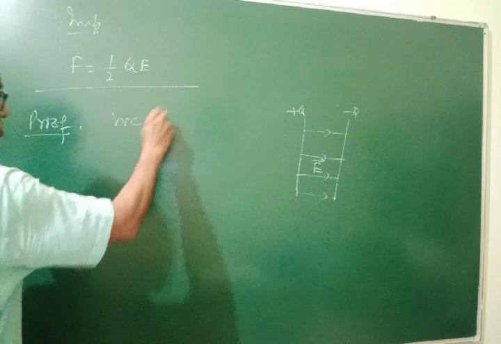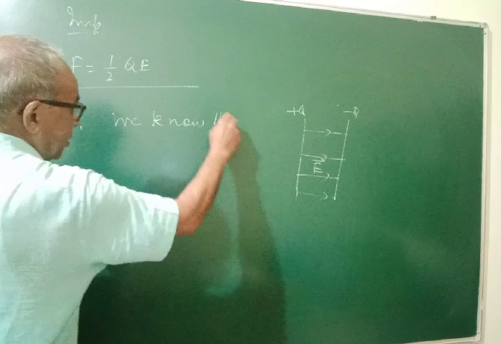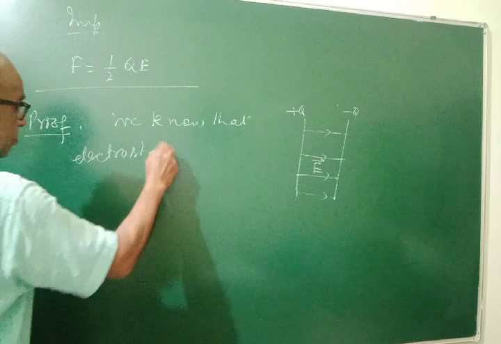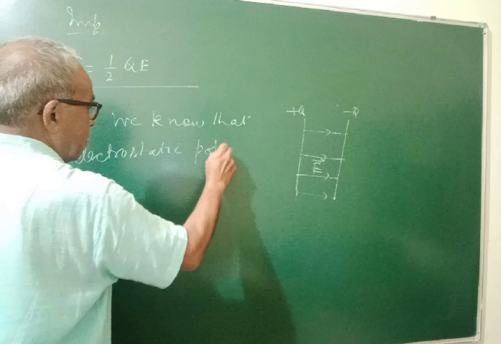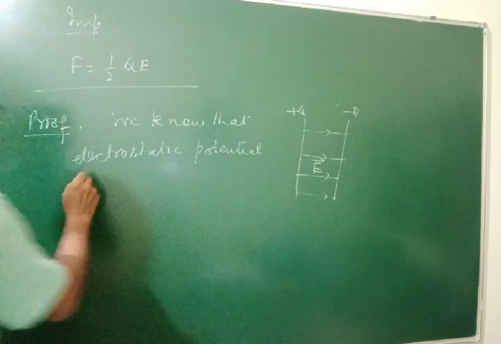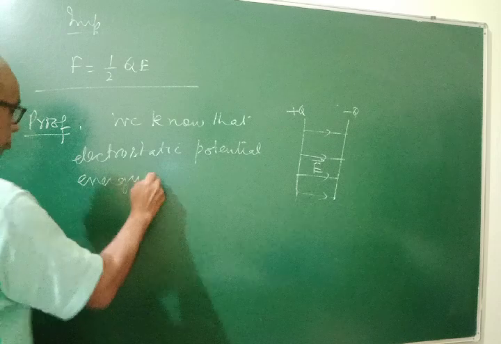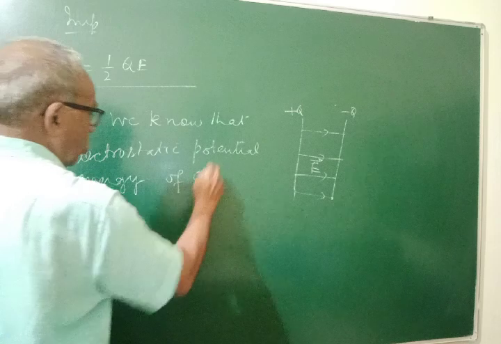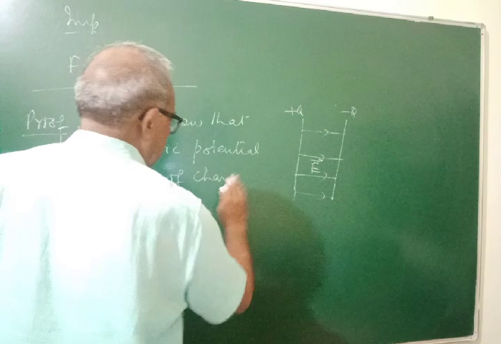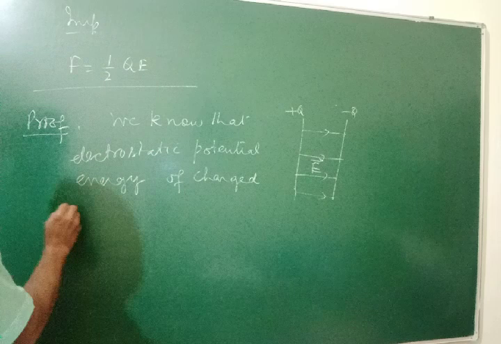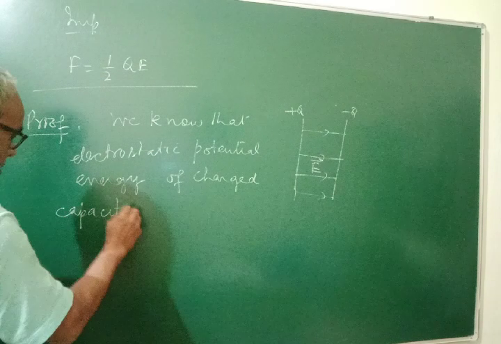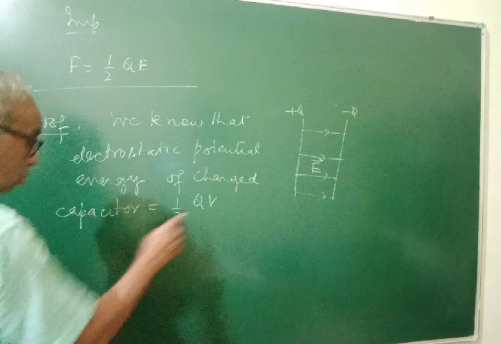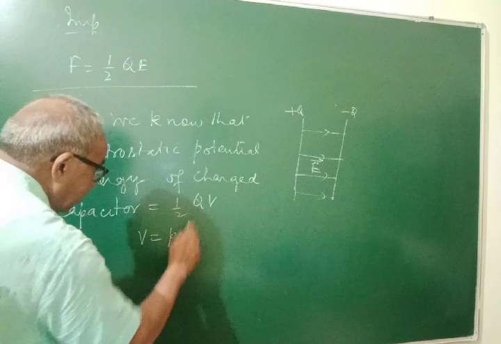We know that the electrostatic potential energy of a charged capacitor is equal to half Q into V, where V is the potential difference between the plates and Q is the charge.